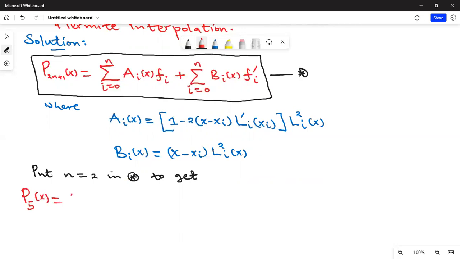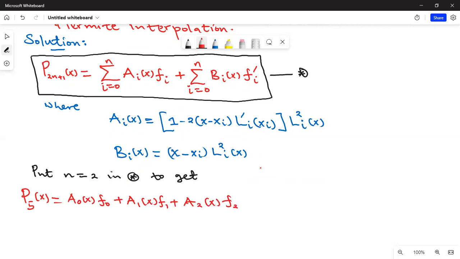So that will equal to a naught of x, f naught plus a1 of x, f1 plus a2 of x, f2.